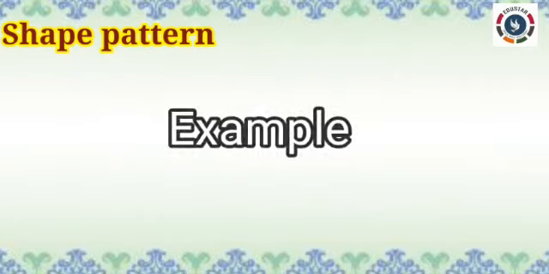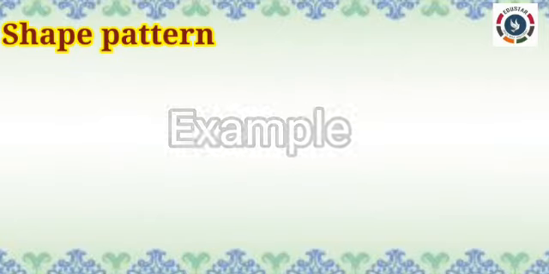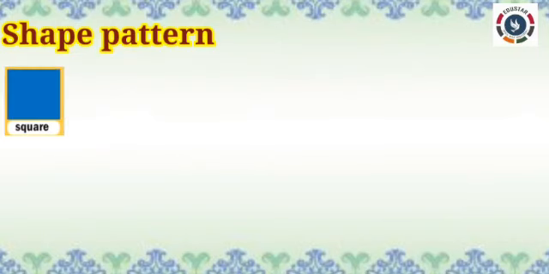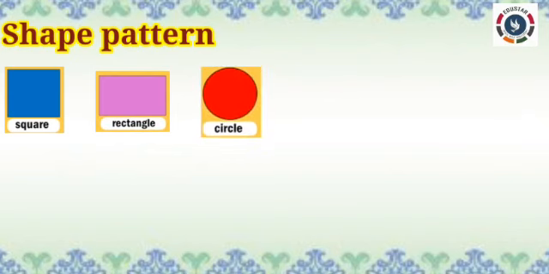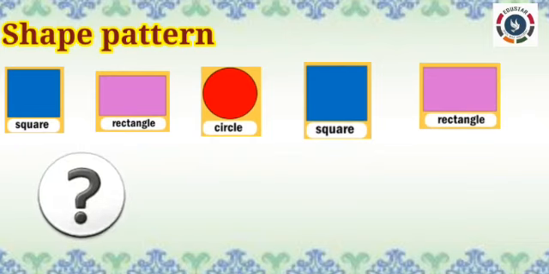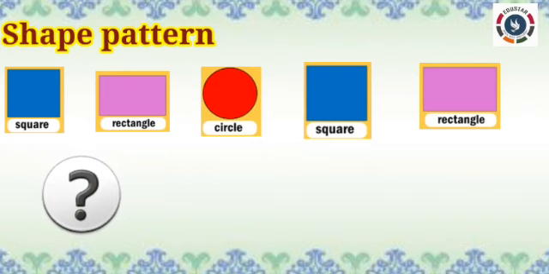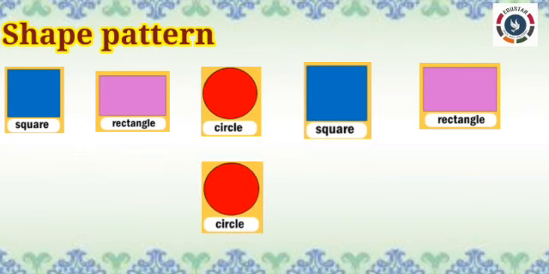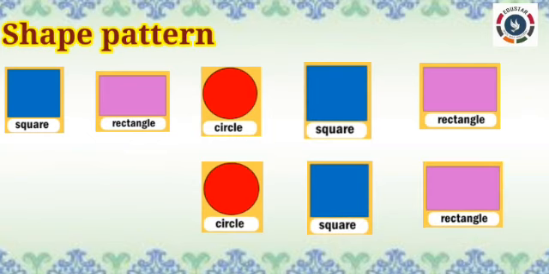For example, here we have square, rectangle, circle, then again square, rectangle. Now say, what shape will come next? Yes, circle, then square, then rectangle.